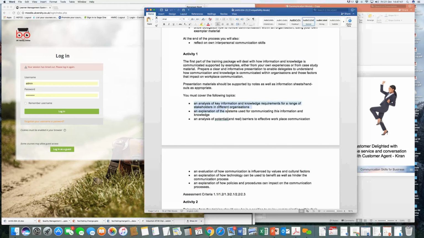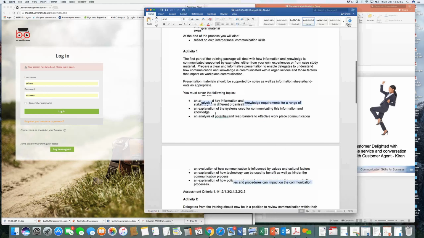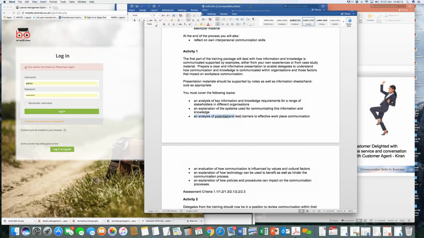What we can correlate to is something that we've covered today, which is the explanation of systems used for communicating this information and knowledge, and the analysis of the potential and real barriers to effective workplace communication. So these tasks directly correlate to the presentation slides that we've gone through today. Is that okay?